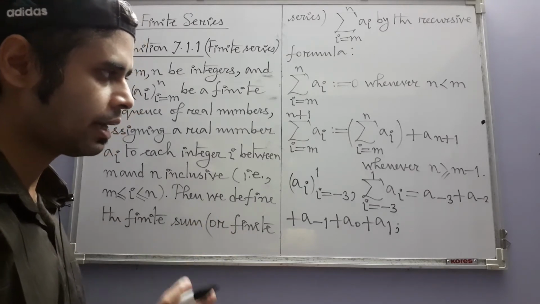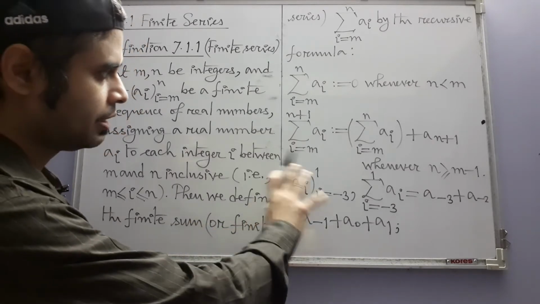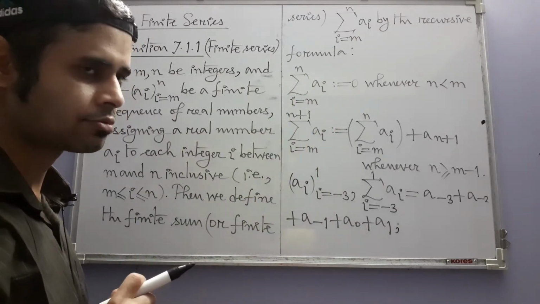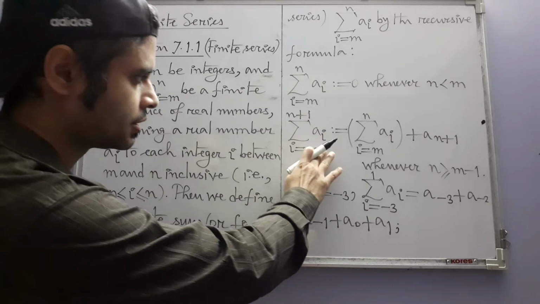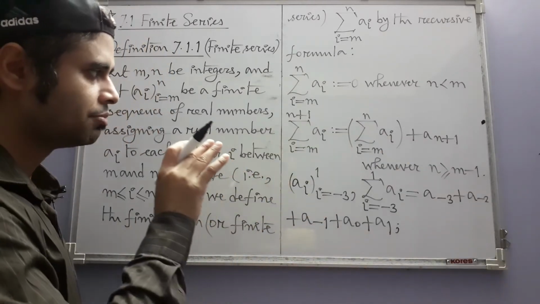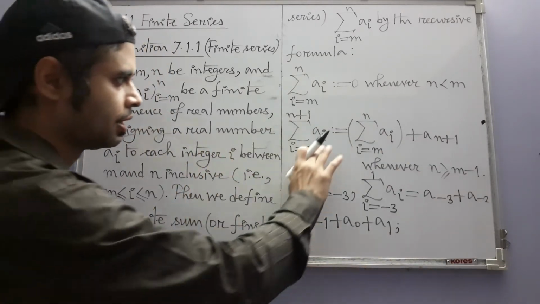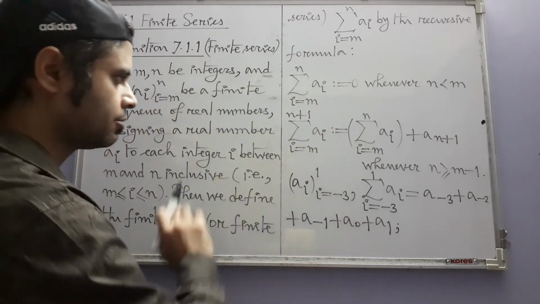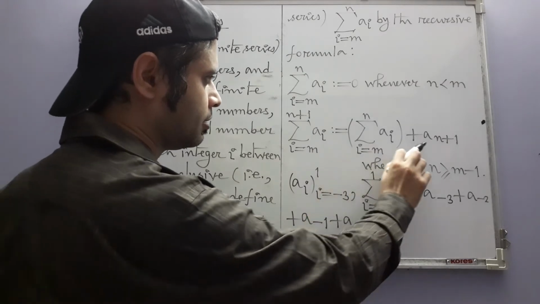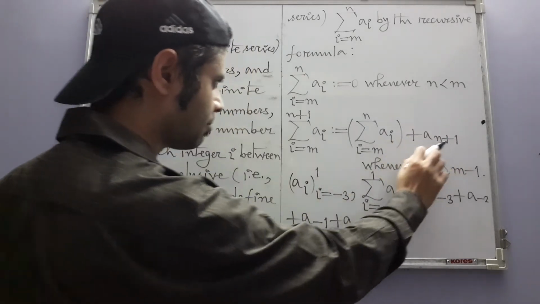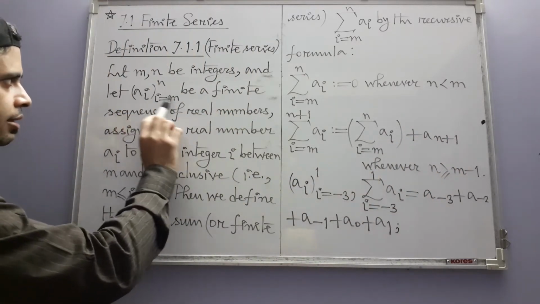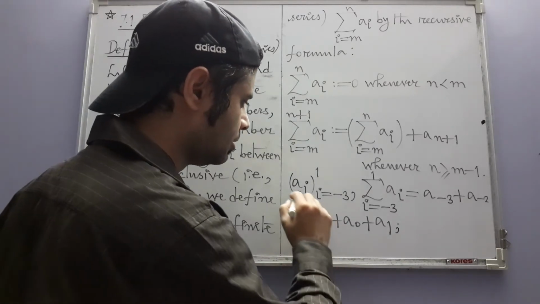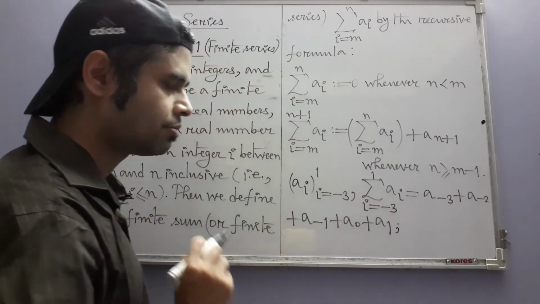This idea that we have matches with what is given in the recursive definition. We will go to the actual recursive definition in the exercises and we will address all those issues. How exactly we have used the principle of recursive definition to get this one, and for example, what is a n plus 1, because we don't see any a n plus 1 here. So we will address those issues, but for now this idea of a finite series of real numbers is enough for our purposes.